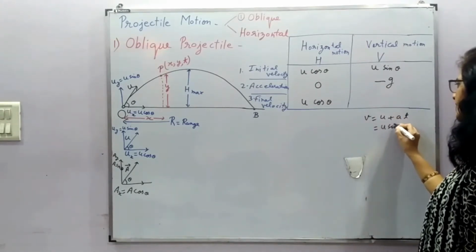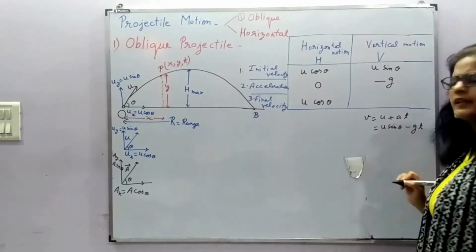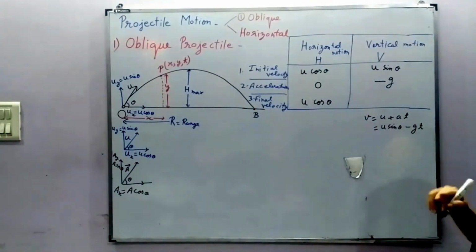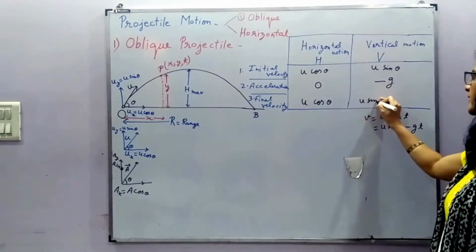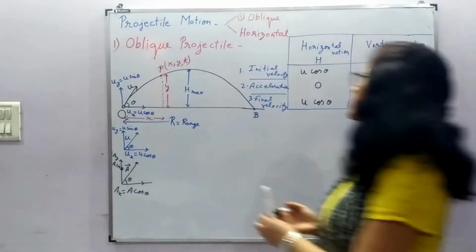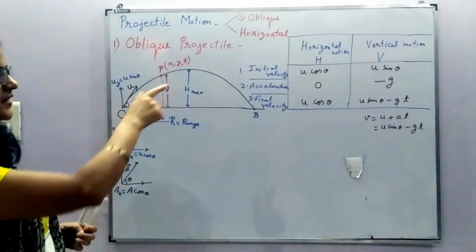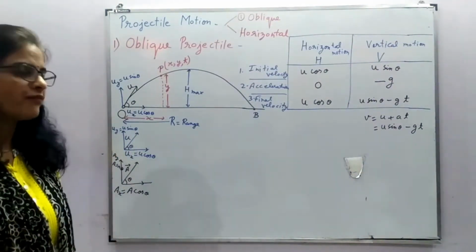Initial is u sin theta, this is minus g and t if we talk about point P. So final velocity at time t will be u sin theta minus gt. Right? So once this table is ready, it is very easy for you to derive all the 5 cases.